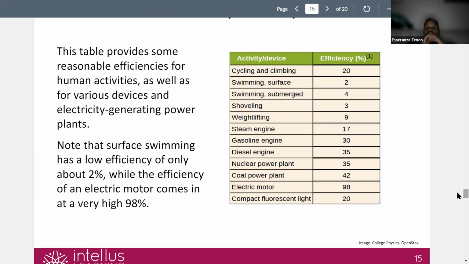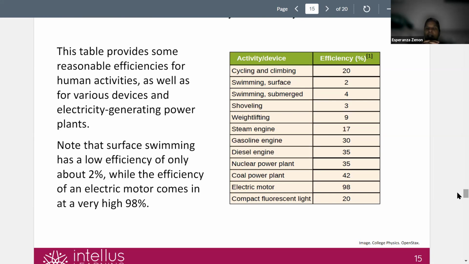Here's a table that shows you the efficiency of some real world types of processes. When I finish here tonight, I don't know if it shows that on there, I'm going to go walking. But even if I was doing what they consider a more rigorous type of exercise, like swimming or climbing, look, swimming is only a 2% efficient process.